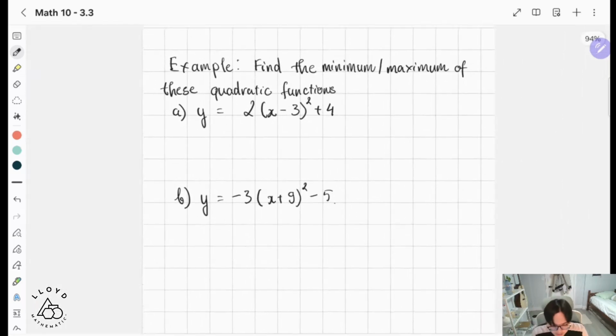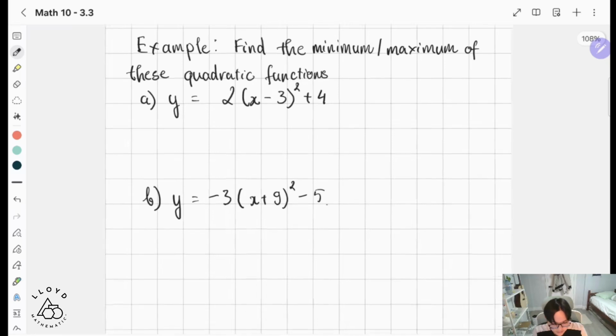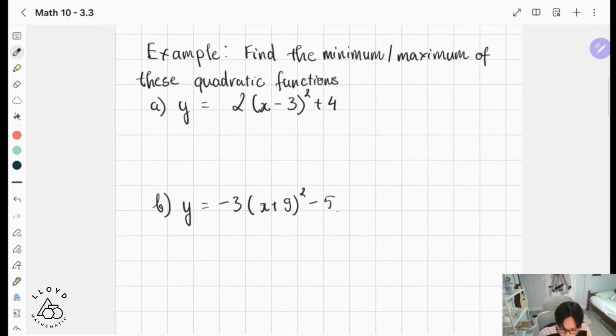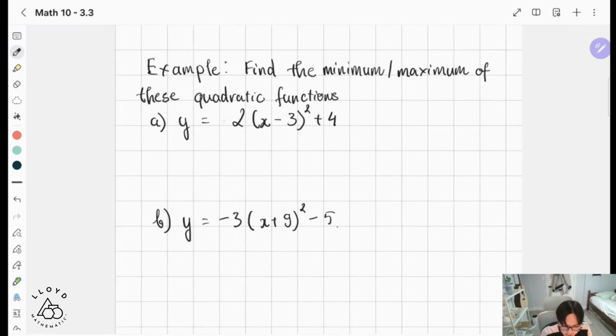Find the maximum or the minimum of this quadratic function. So we got this, right? At first, we need to know whether this function has a maximum or a minimum. We have 2, which is higher than 0, so this will open up, right?